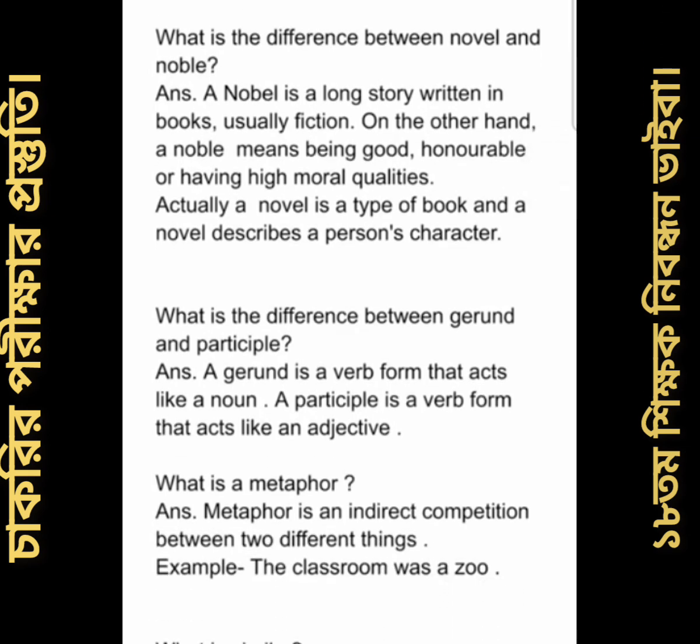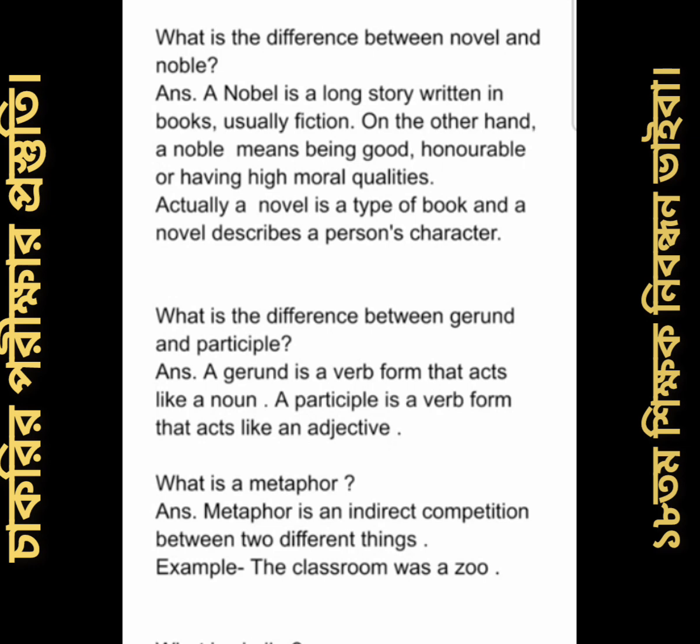What is the difference between novel and noble? A novel is a long story written in a book, usually fiction. On the other hand, noble means being good, honorable, or having high moral qualities.